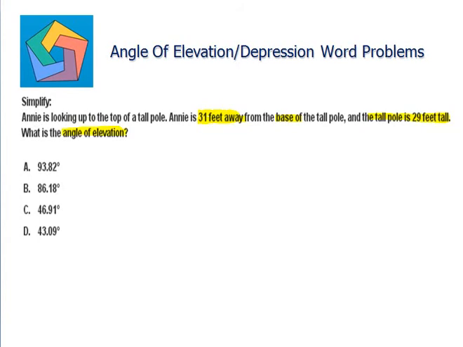Annie is looking up to the top of a tall pole. This is the tall pole. Here is Annie, and she is looking up here. Annie is 31 feet away from the base of the tall pole, so this distance is 31 feet. And this height is given as 29 feet, the height of the tall pole. We need to find the angle of elevation.